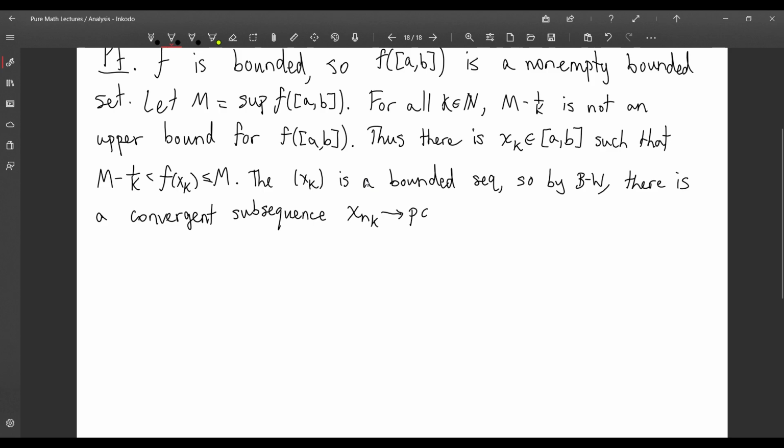And again, since A to B is closed, it's a closed set, it must contain the limit point p.